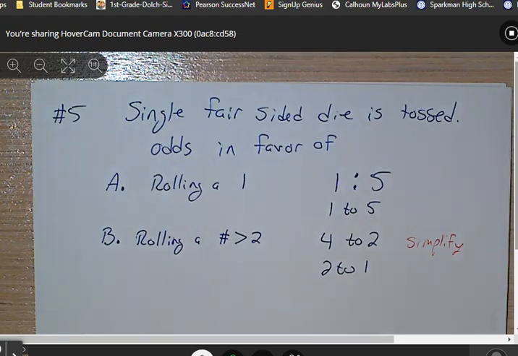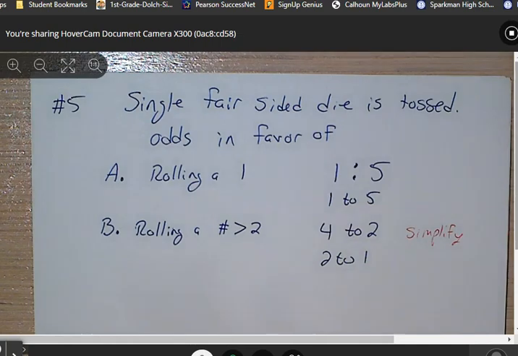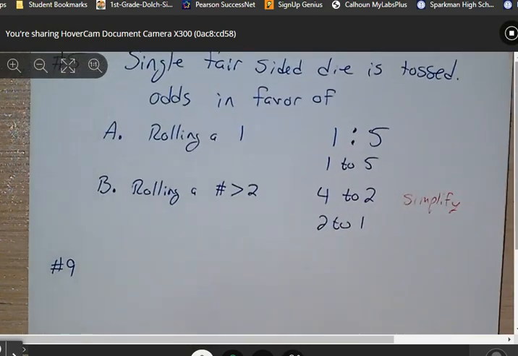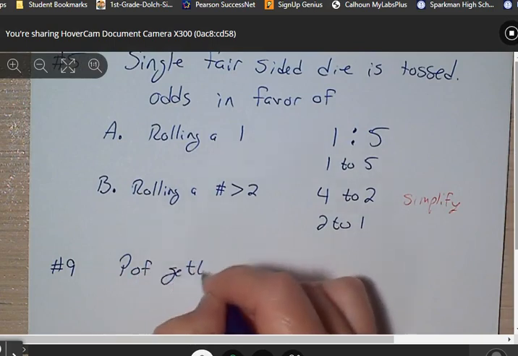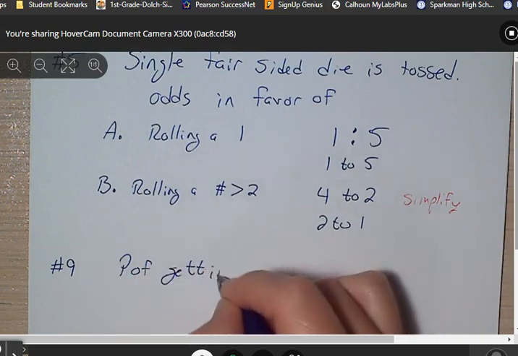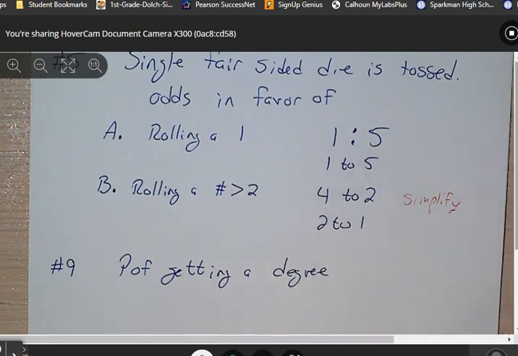Okay. And then pretty much the rest of the section, the back part of the section, they're going to ask you different things, going through the different odds in favor of this one, working with that one. And then I think this is similar to question number 9. They're going to ask you, all right, the probability of getting a degree, and they'll specify.